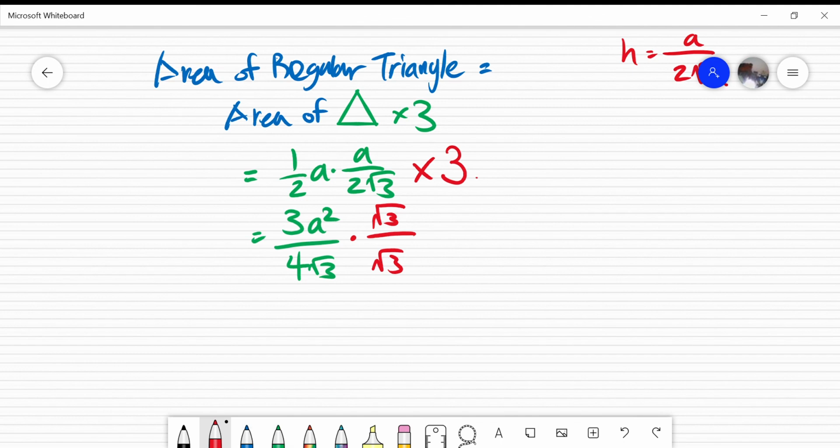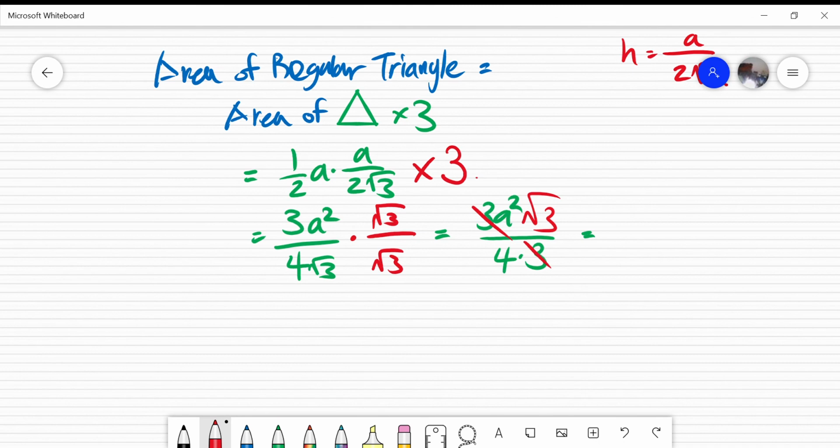And therefore, this is going to be equal to 3a squared times square root of 3 over 4 times 3. Now we can simply cancel out the 3.